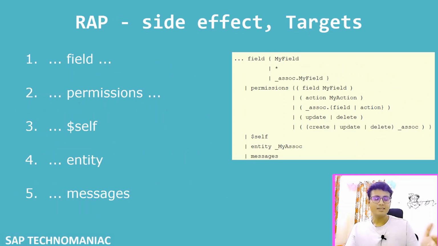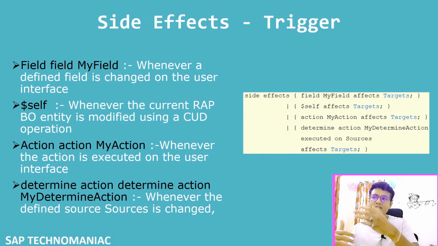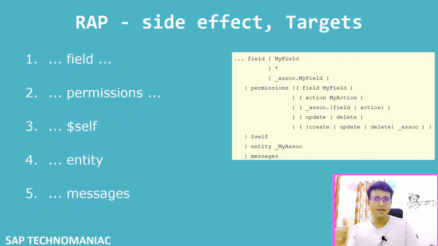Second thing, the targets. These are the triggering conditions: one field got changed, an entity got changed, or you have actions or determine actions. Whenever these conditions are satisfied, you trigger some target. Now what is the target?